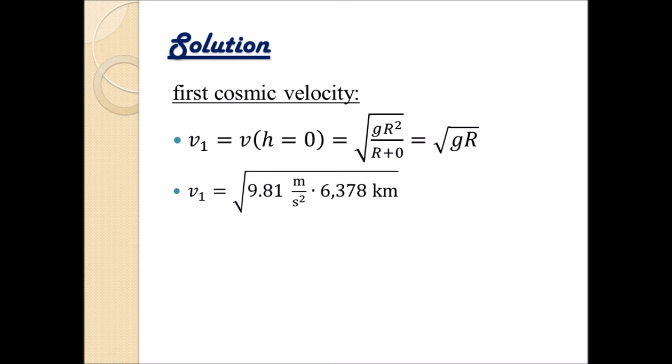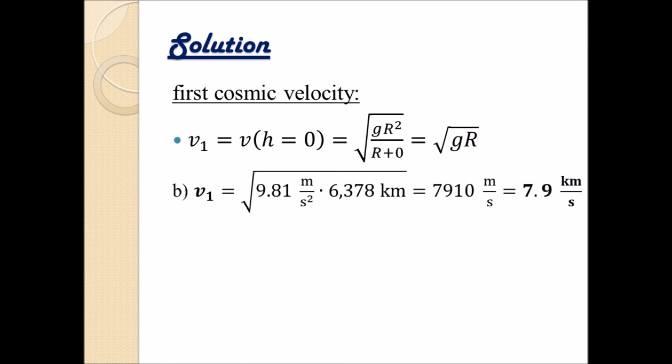As a result, we have to be careful at this point, and when we put it in a calculator, we have to multiply the 6,378 kilometers with 1,000 in order to get meters. But if we do this, what we get is that v1 equals 7,910 meters per second, which is actually 7.9 kilometers per second.